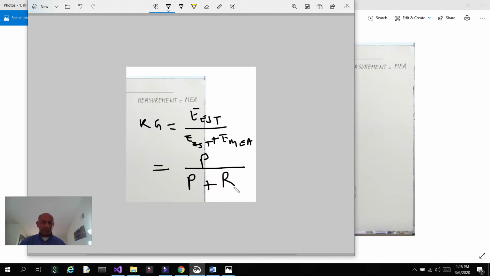Now, for matrix manipulation, we are using a measurement matrix known as H, and we're going to use H transpose. This is just so that the dimensions of Kalman gain are what's expected. H is called the measurement matrix.